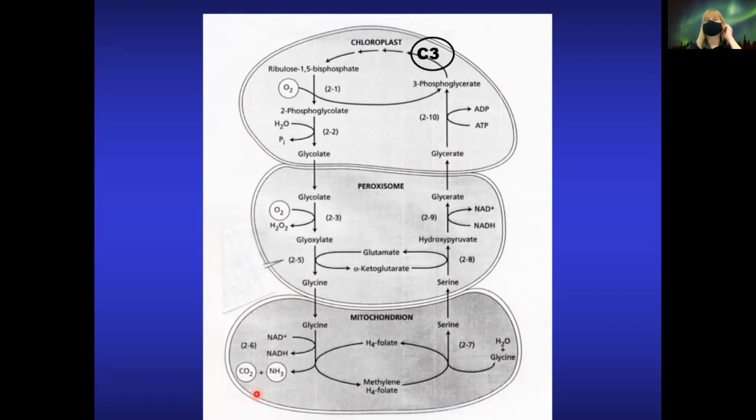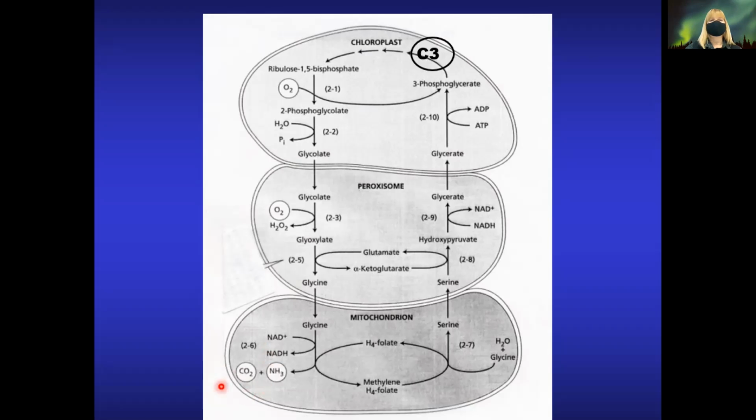When they talk about the PCO cycle, they say you're losing carbon. That's what they mean. CO2 is being given off in the mitochondria, and it just is given off out of the plant. All right. And so they don't see that ever being used back in the chloroplast. So they say it's a loss of carbon. So that's one downside, potentially, when you think about it. That's not so good.